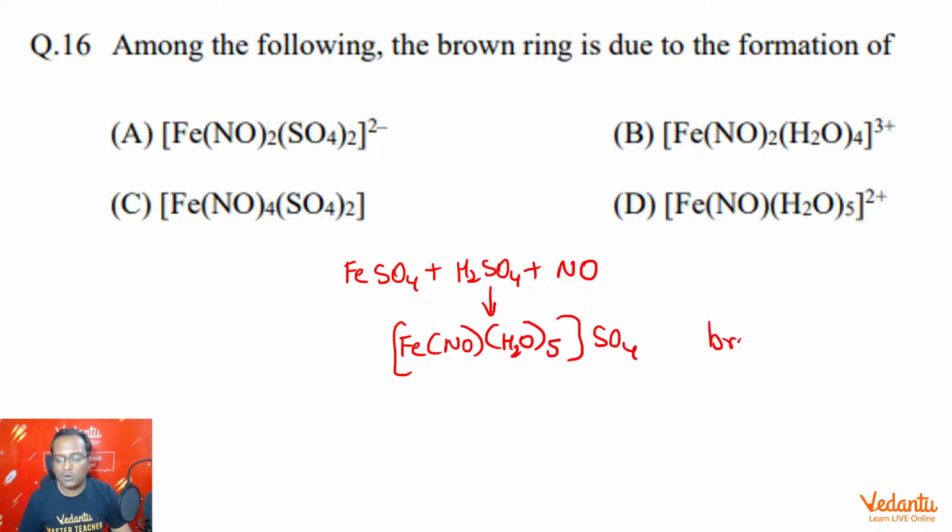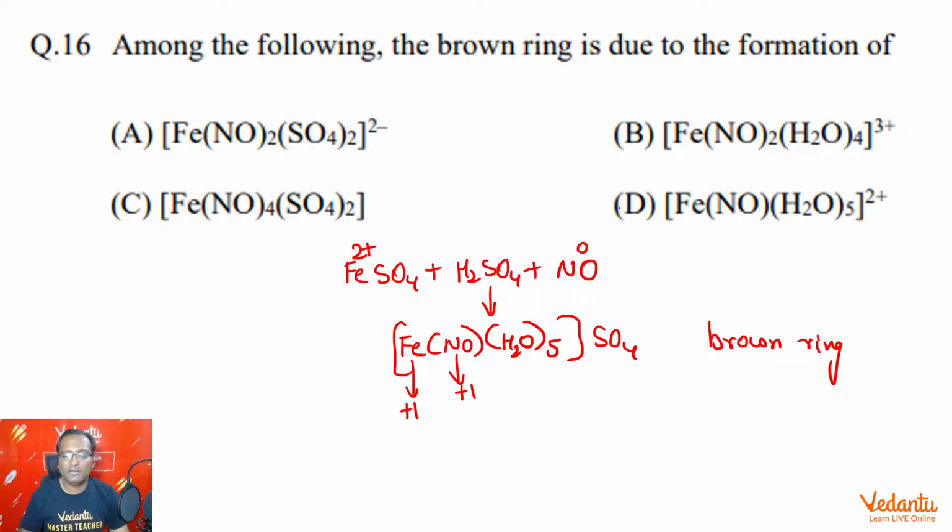This is your brown ring, which is obtained on the meniscus at the interface of the two liquids, at the junction of the two liquids. What is special about this brown ring, guys? The special thing about this brown ring is that in the beginning, we had Fe2+ and NO neutral, but it is found that in this compound, Fe is in +1 oxidation state and NO is also in +1 oxidation state.